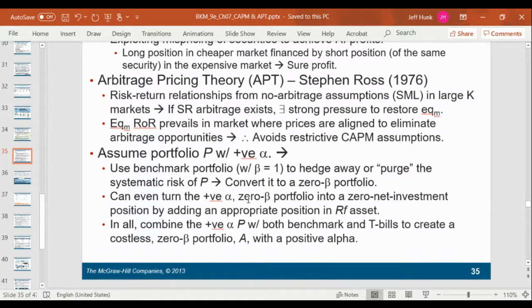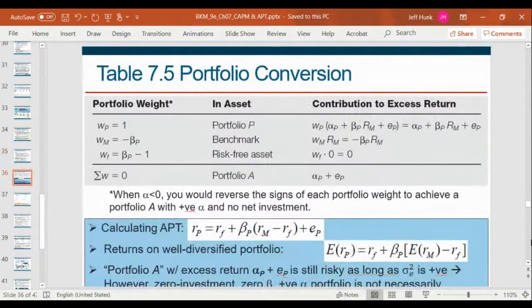And first of all, it's important to make the distinction between the benchmark portfolio and the risky portfolio P. Okay, and the benchmark portfolio will be the broad market. So let's take a look at this.